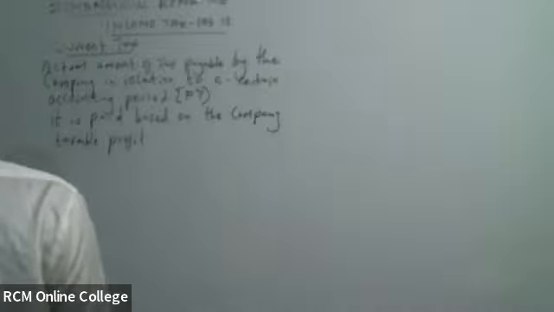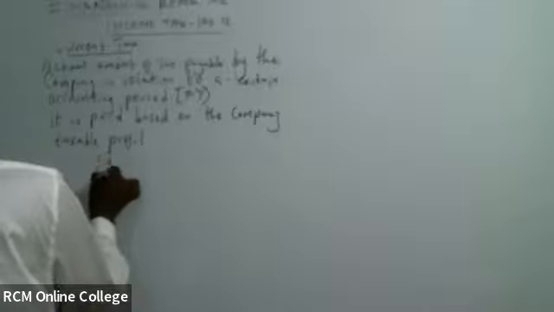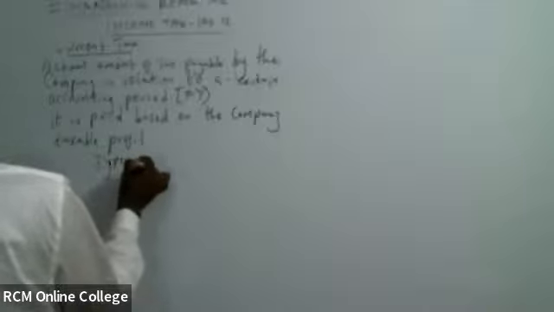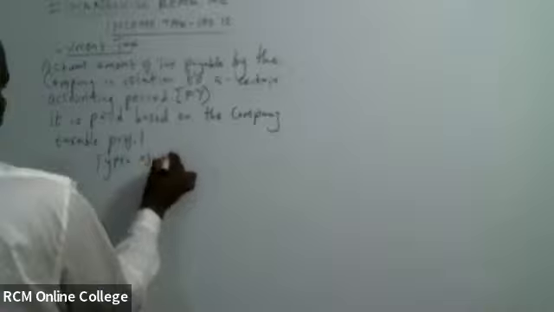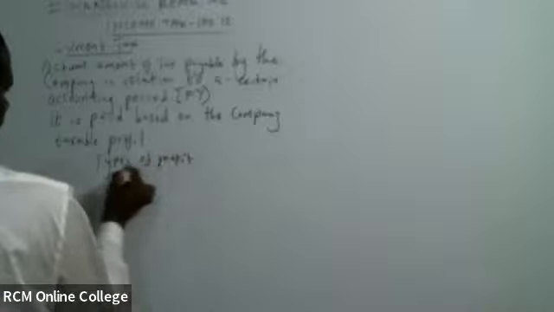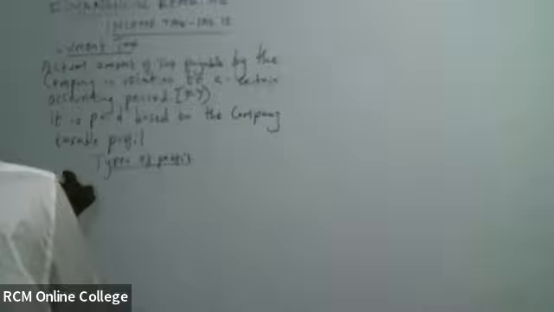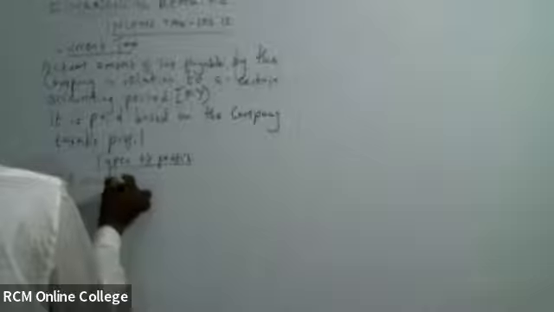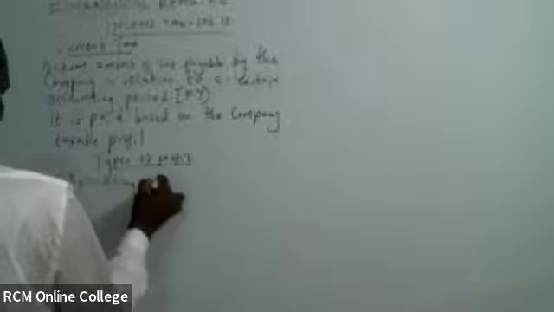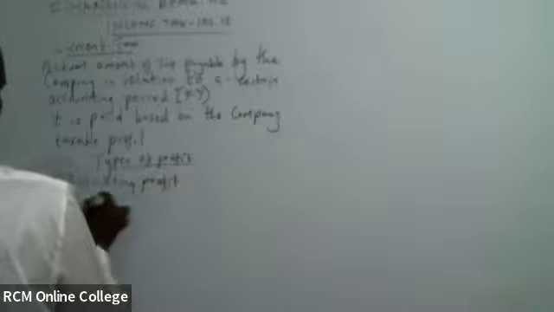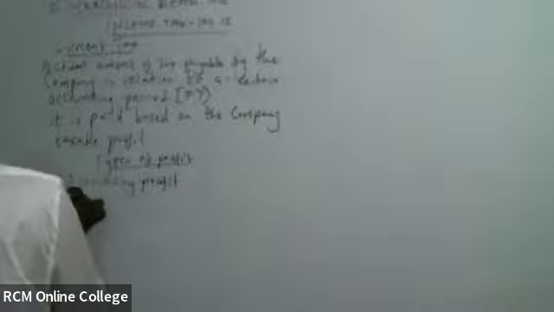We have two types of profit, so it is good we differentiate them. One is accounting profit, and the other one is taxable profit.